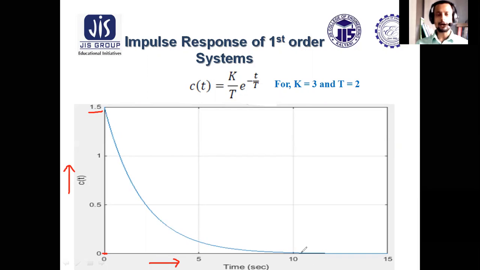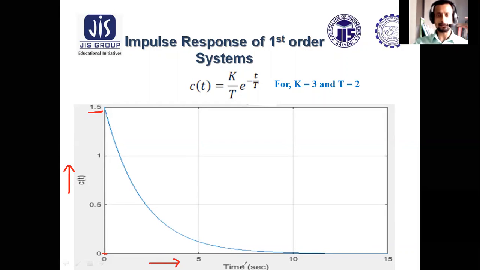So suppose a very short duration pulse is applied to a system. The system output will be very high, and gradually as time goes on, the output will decrease slowly. Just try to remember the discharging of an RC series circuit.